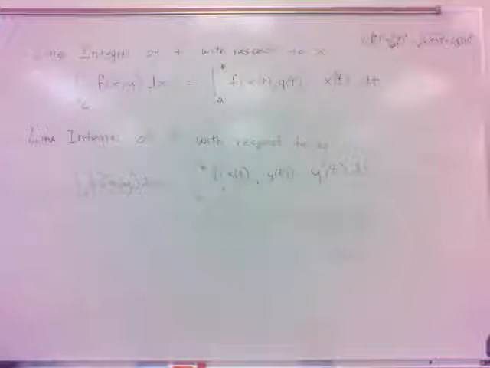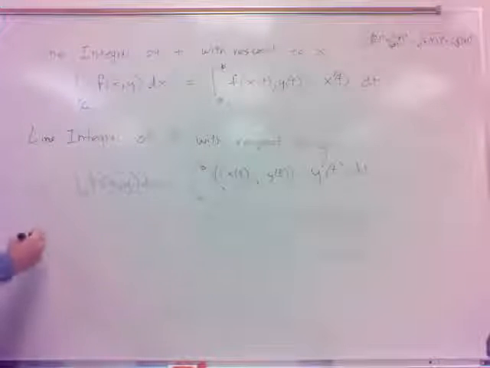Now, it turns out that we might want these at the same time. This ties in with the next section. We might have them both at the same time. And so the shorthand version of that is this. These appear together.